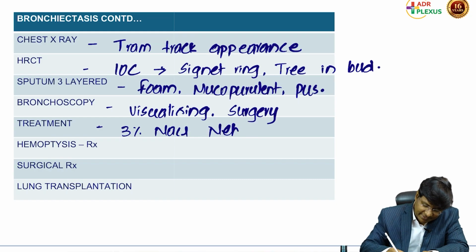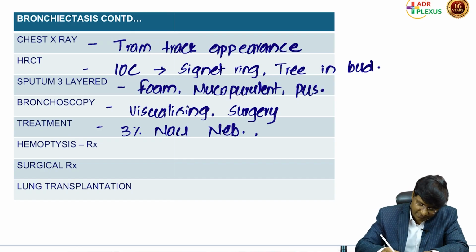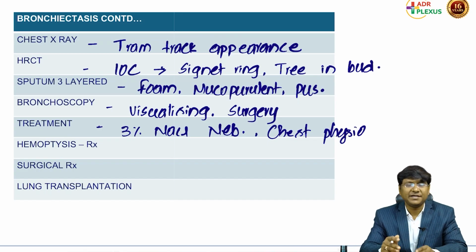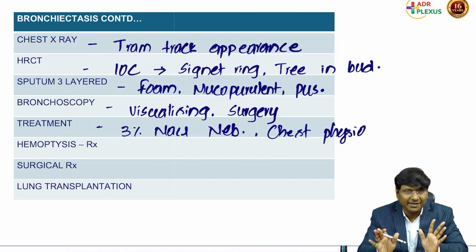So hypertonic saline nebulization will liquefy the sputum and the sputum is completely expectorated out. The other one is you also need to do chest physiotherapy. Again, the same reason. Once you do the chest physiotherapy, whatever mucus is within the airway enters into the central part of the airways, that is the main bronchus, and that is expectorated out. So chest physiotherapy is a very, very important part of the treatment, right?